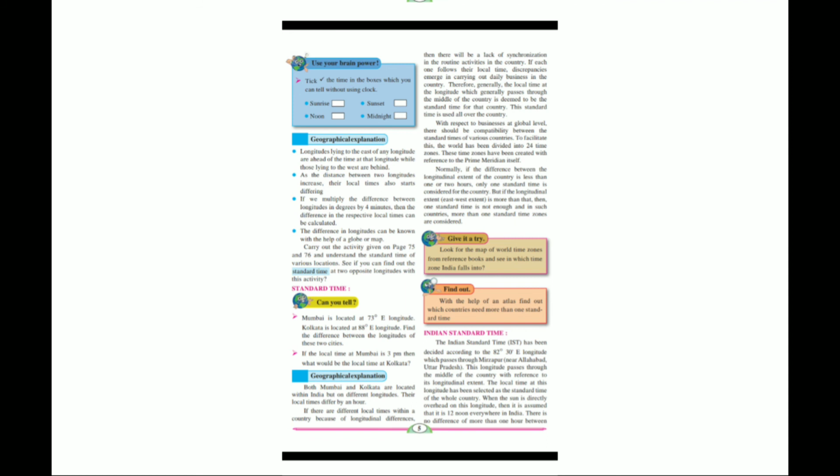The local time at this longitude has been selected as the standard time of the whole country. When the sun is directly overhead on this longitude, it is assumed to be 12 noon everywhere in India. On that longitude, if the sun is overhead, what happens? It is 12 noon everywhere in India.